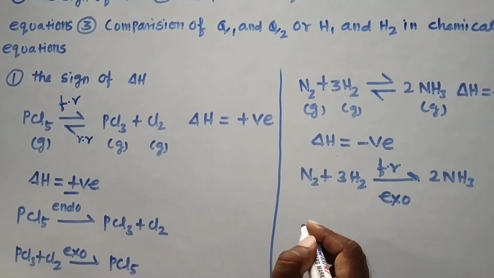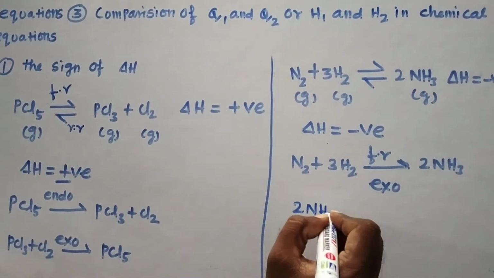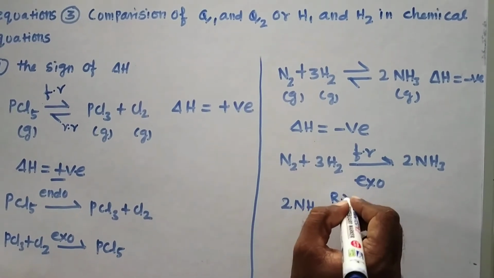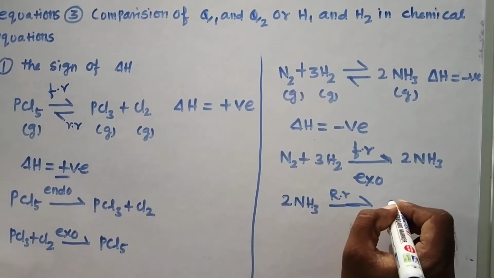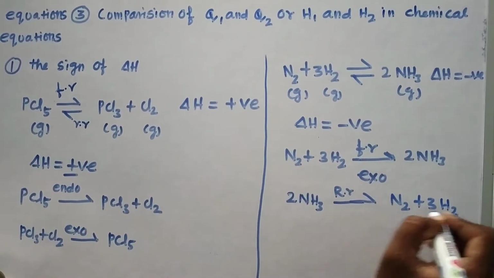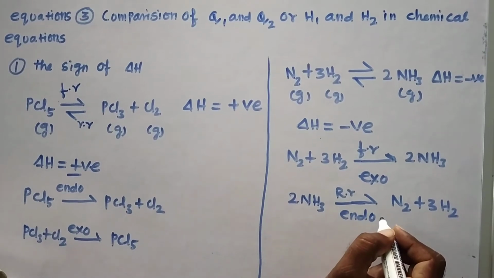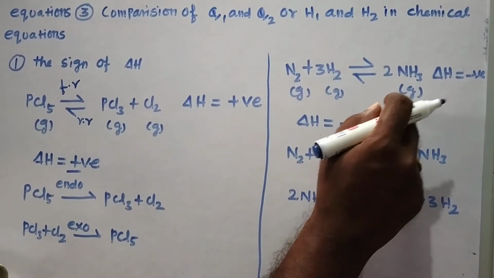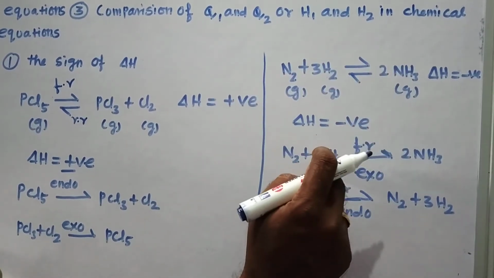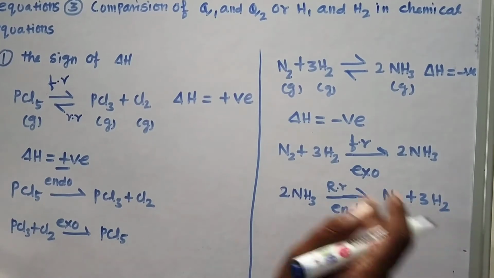Now let us consider the reverse reaction. 2NH3 on decomposition, this is the reverse reaction, gives N2 and 3H2. This is endothermic in nature. Therefore, if the value of delta H is negative, then the forward reaction is exothermic in nature and the reverse reaction is endothermic in nature. This is the first one.